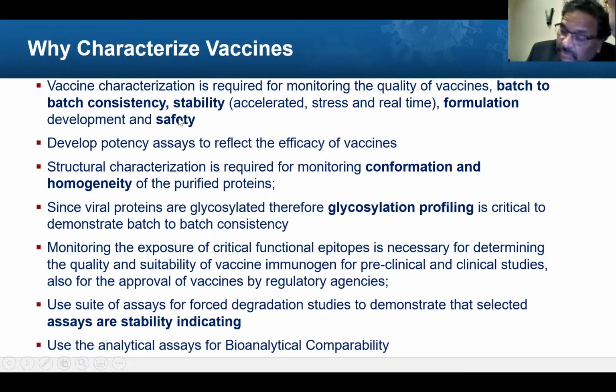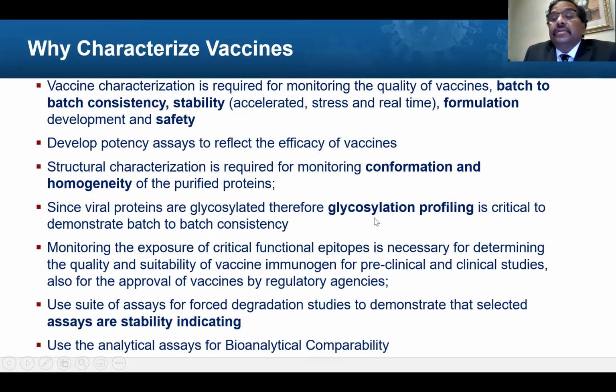It is also needed to demonstrate stability, formulation development, and to develop potency assays that can be used to reflect the efficacy of the vaccine. Structural characterization is required for monitoring conformational homogeneity. Since viral proteins are glycosylated, glycosylation profiling is critical.